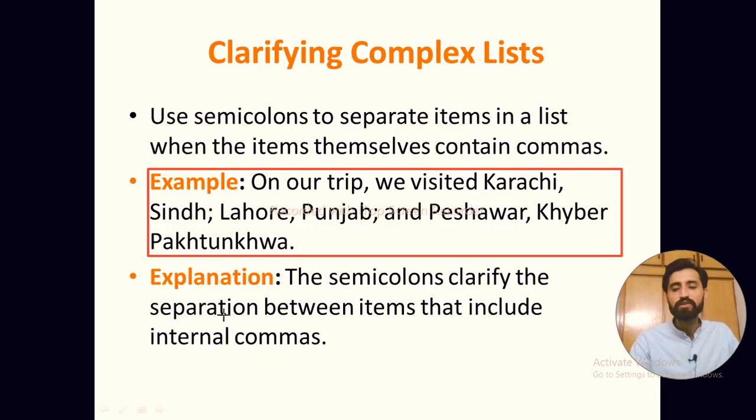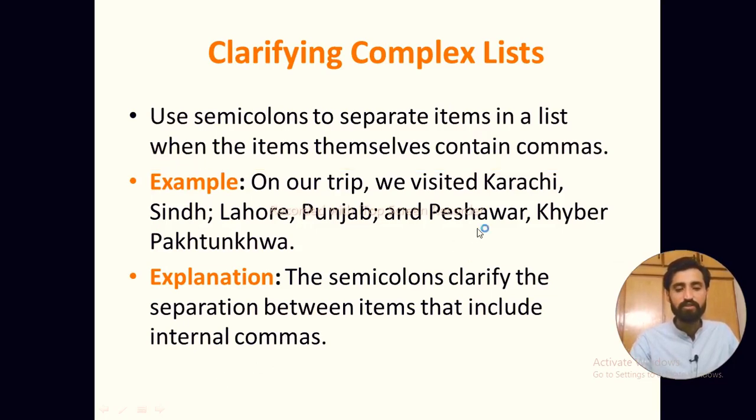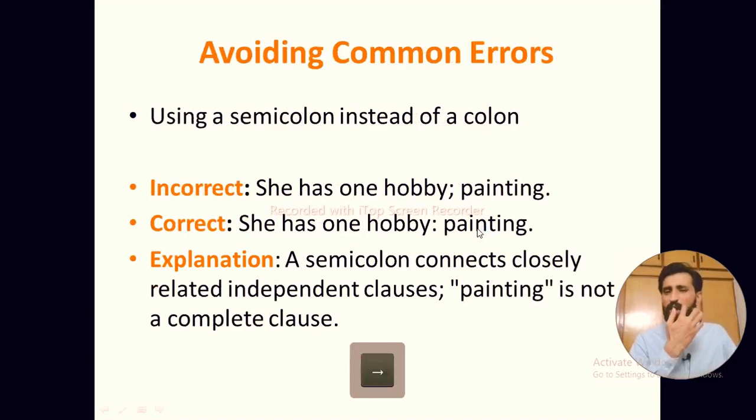So the semicolons clarify the separation between items that include internal commas. So internal commas के साथ भी हम semicolons को use करते हैं. Now let's talk about its another usage, that is avoiding common errors.